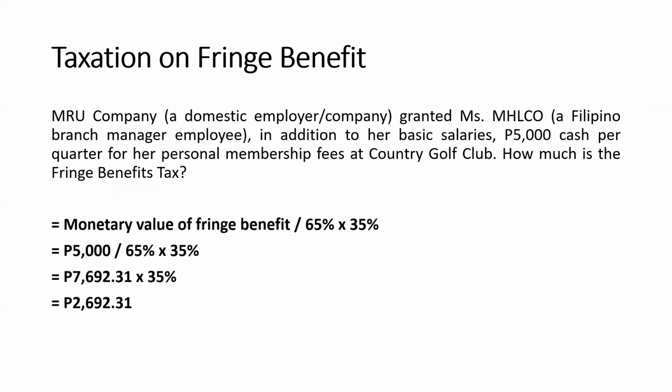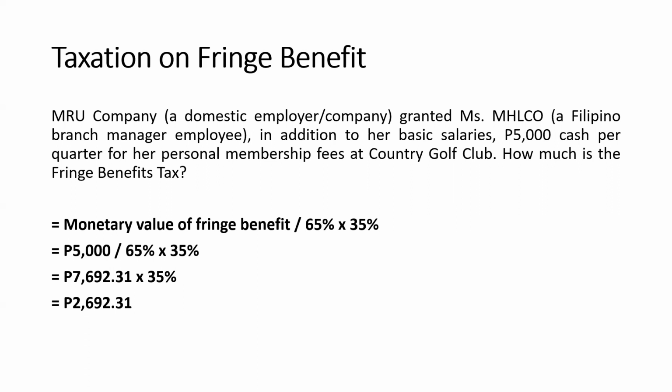Example, MRU company. There is a fringe benefit given, how much? 5,000. This is for a Filipino branch manager employee. So check, subject to fringe benefit tax. The 5,000 will not be deducted. What we will do is gross up the 5,000. 5,000 divided by 65%. That is the GMV.